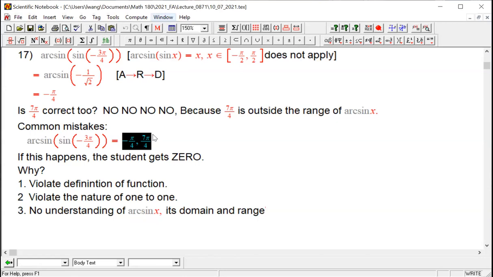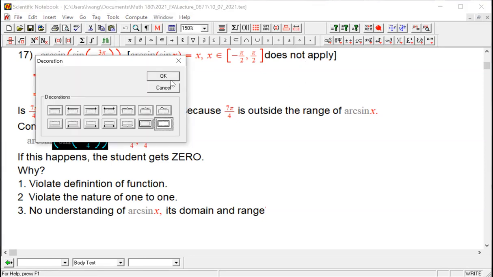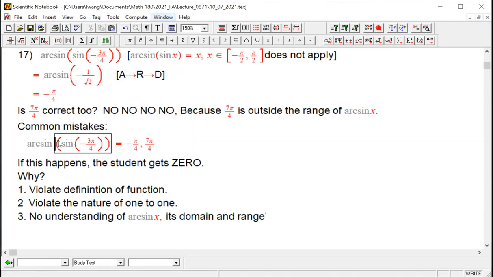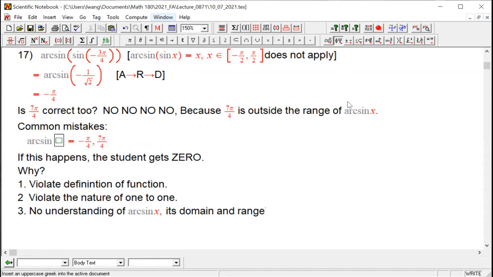I'm sorry. Okay? Do you guys follow me? For ArcSine, to summarize, no matter what the rest is, your output has to be one and only one. Number two, your output has to be between negative pi over 2 and pi over 2.